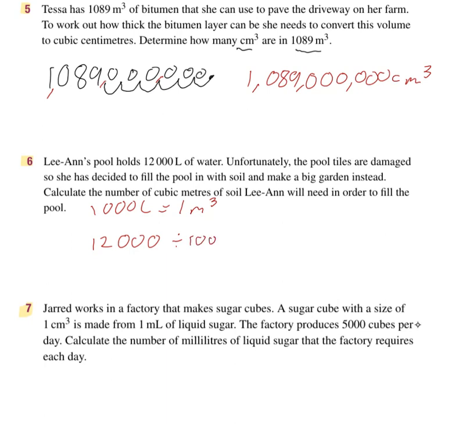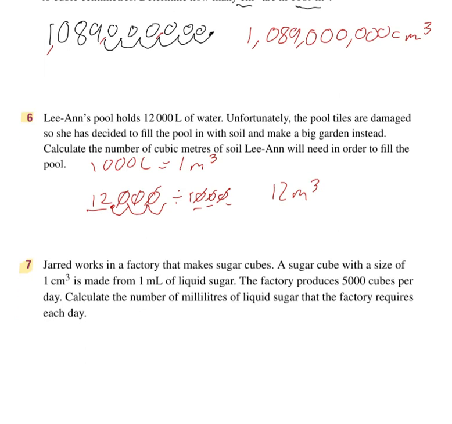I think you should just be able to see that there's going to be 12 as the answer. You can deduct 3 zeros, and then you get your answer of 12 cubic metres. If you hadn't thought of it like this, just always know that dividing by 1,000, there's 3 zeros, means the decimal place has got to jump 3. 1, 2, 3. 12 is our answer.